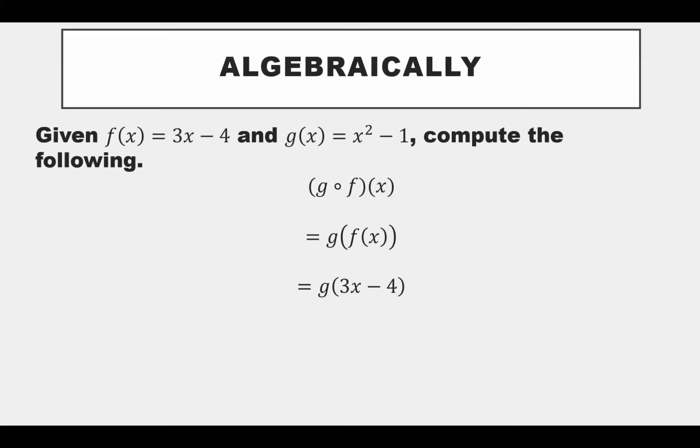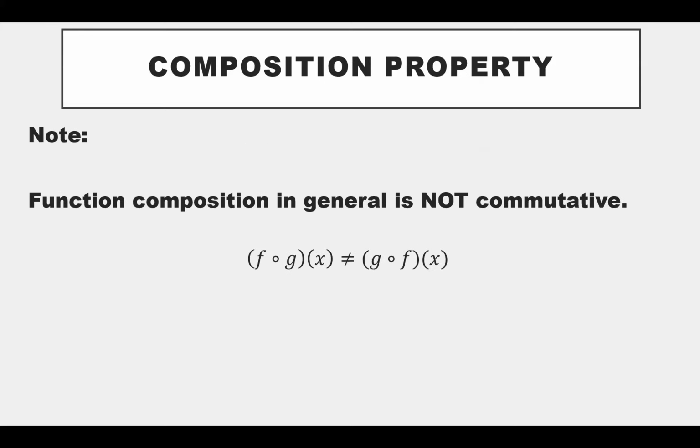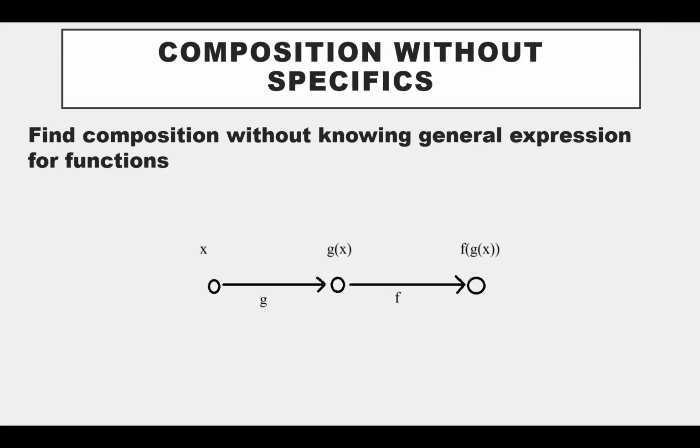So I put in the 3x minus 4 into the variable. That would give me the quantity 3x minus 4 squared, minus 1, which when you multiply that out and simplify, we get 9x squared minus 24x plus 15. Again, we see that function composition in general is not commutative.